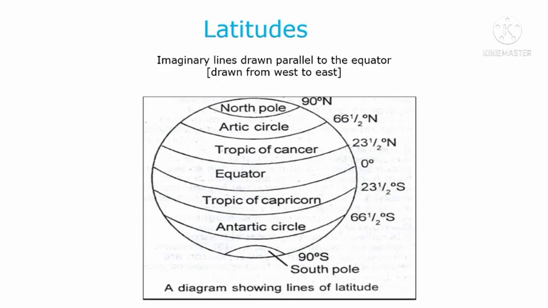In simple form, we can say the circles drawn parallel to the equator at 1 degree interval. So both the definitions are same. The imaginary lines drawn parallel to the equator from west to east in a circle form at 1 degree interval is called as latitudes.